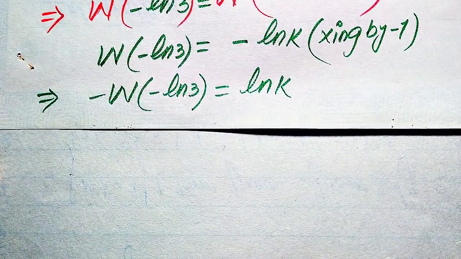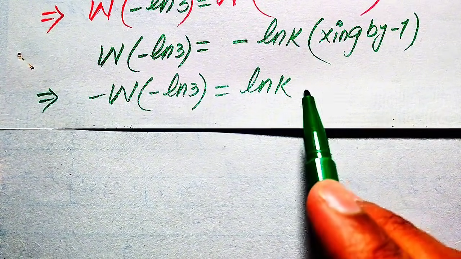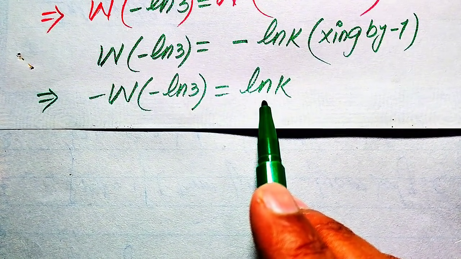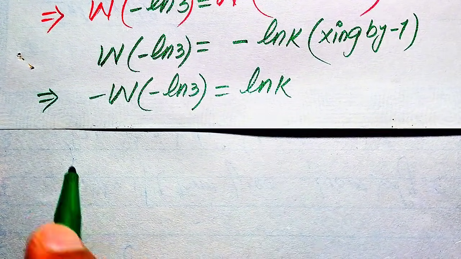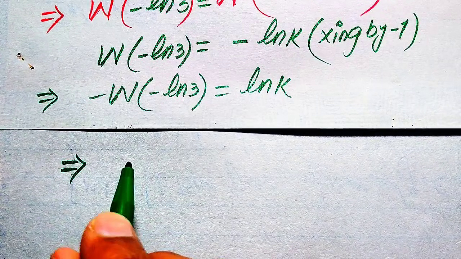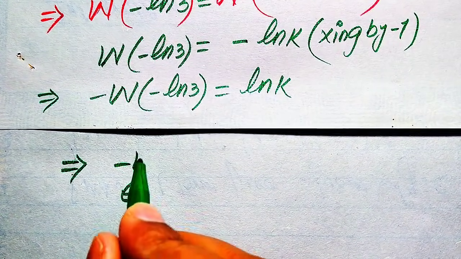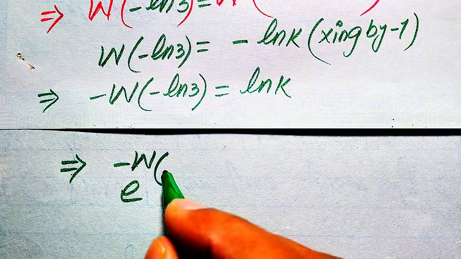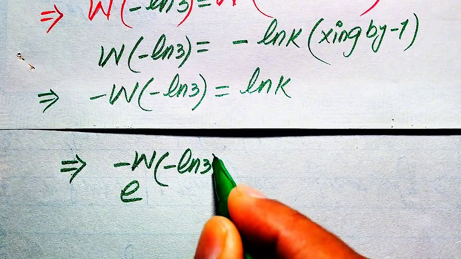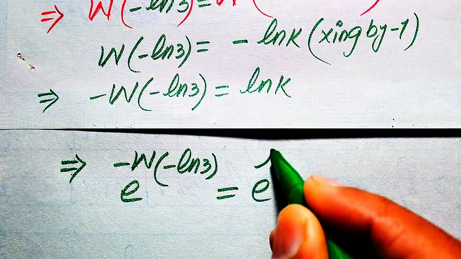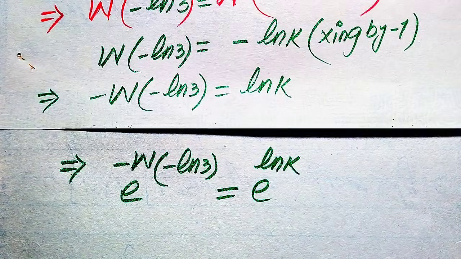Now because our target is to find the value of k, we need to remove this log from the right-hand side. In order to remove this log, we take the anti-log on both sides. So it becomes e to the power of minus W of minus log 3 equals e to the power of log k.